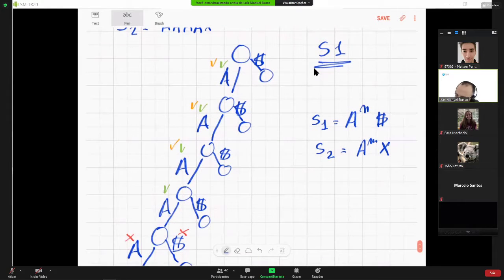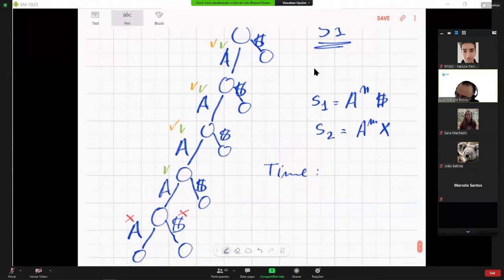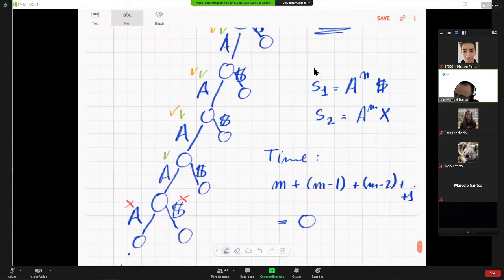So basically the time for this algorithm is, okay, so first I match all the A's, right? Then all the A's -1, okay? And then all the A's -2, okay? And so on and so forth, until I match only one A or one X. So basically the idea is that this is actually O of M squared, right?